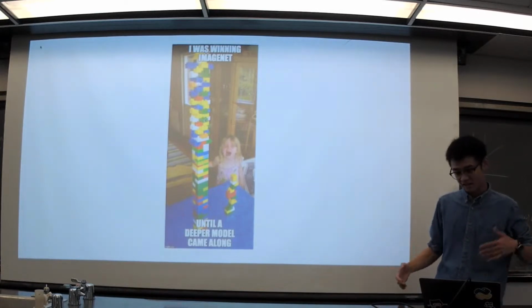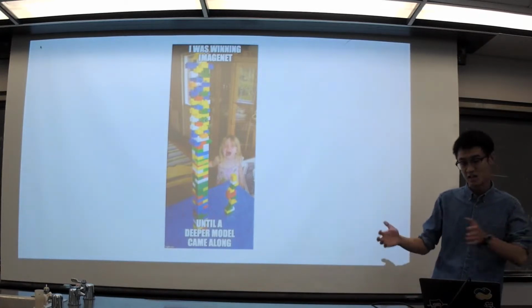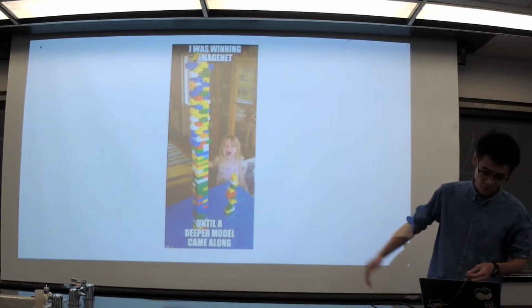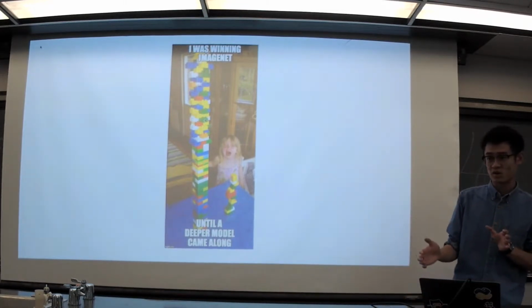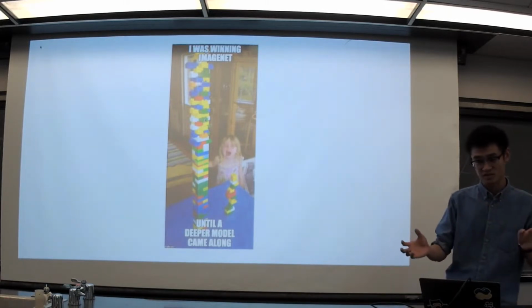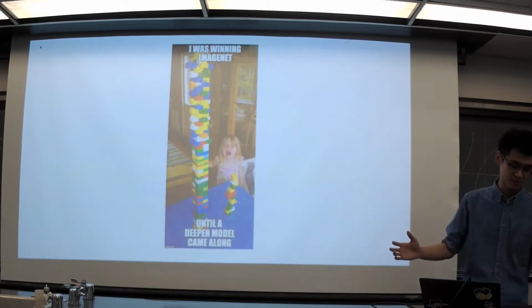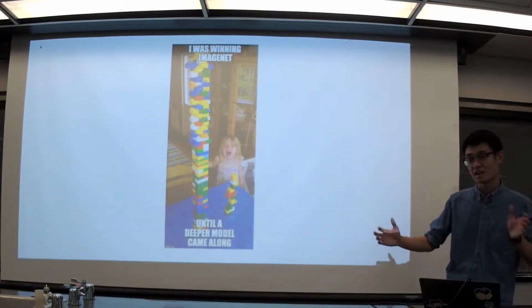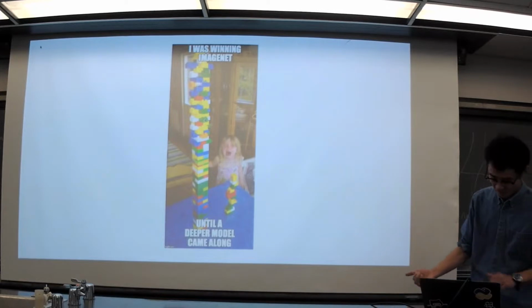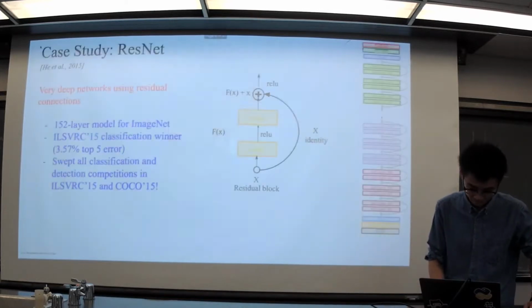If I can train a network and make it work with 30 layers, I get a performance. And some people get a deeper network, like 50 or 60 layers, and it also works. It definitely works better than my model. That's the condition at that time. But there's a challenge.